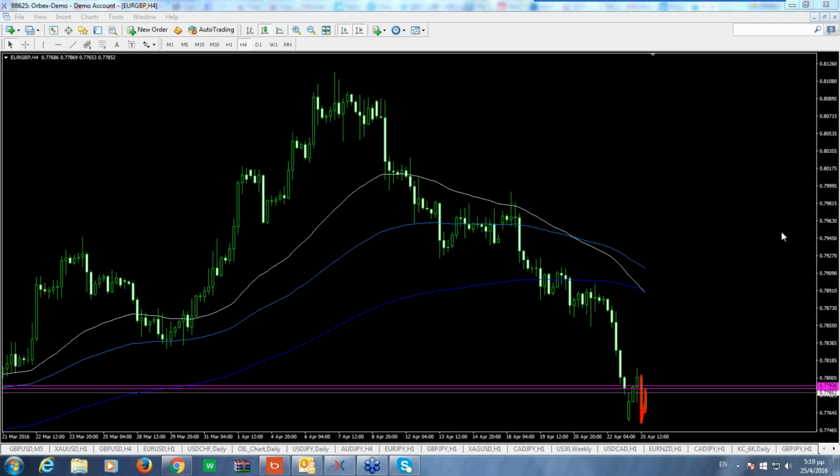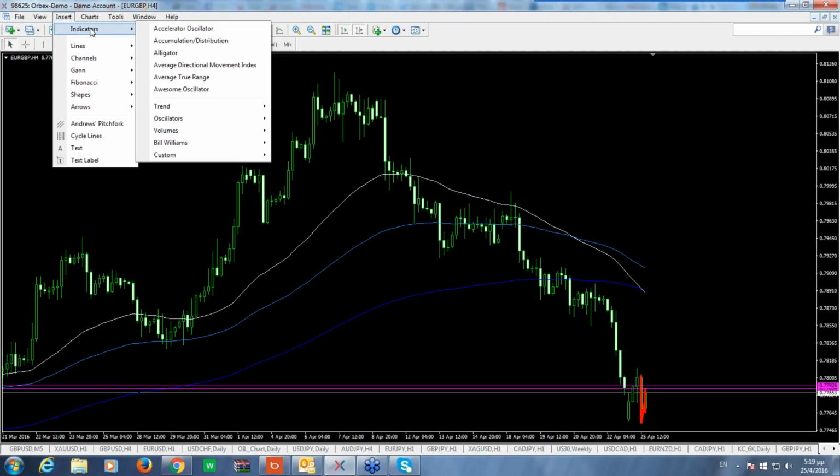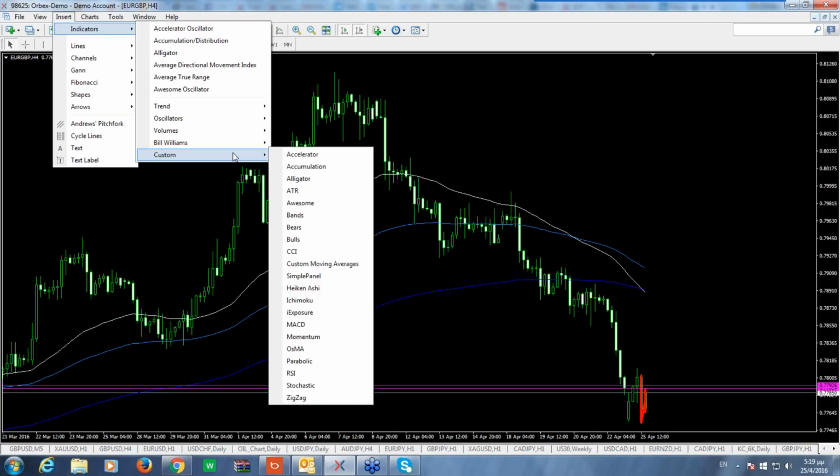With this one, Mr. Ganesan, we have, I would say by default, certain types of indicators that are available here in the insert section. For some specific types of indicators, you would need to insert them as a plugin. You would need to insert them until they appear in the custom area here, and then you can use them.